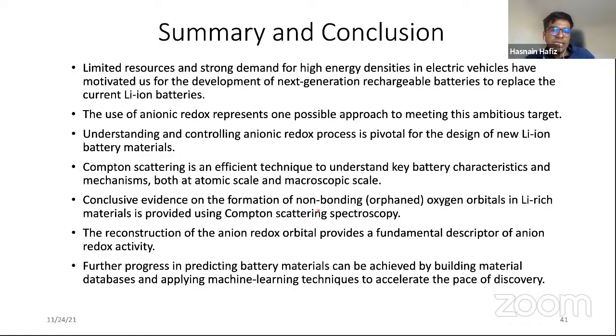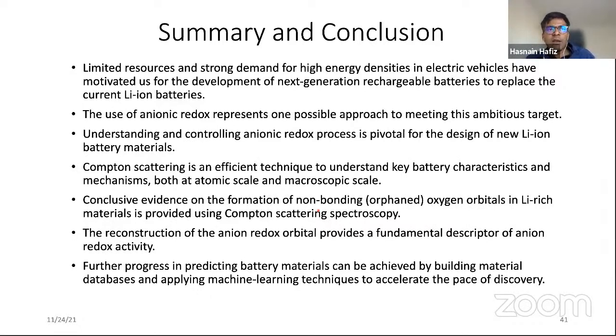And of course, here we see that anionic redox is one possibility. We now have a very good understanding of this anionic redox, which can be immediately used for the next generation of batteries, or like electric aviation probably. But there are associated problems. For example, safety is one of the problems which we still need to understand.